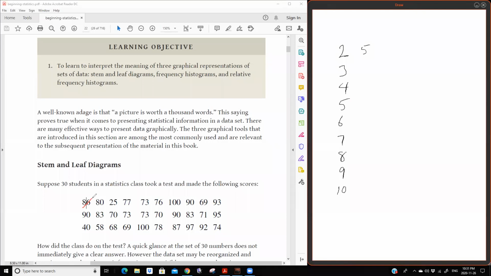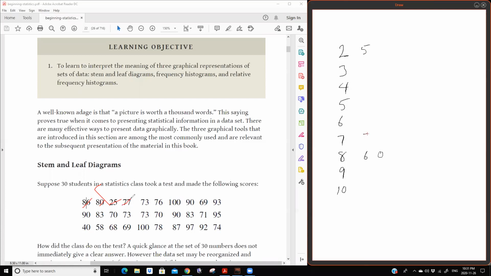86, I have 86. And then 80, I'm going to put a 0 after that because it's 80. Then 25, I already put the 5 here. Then the next one is 77.